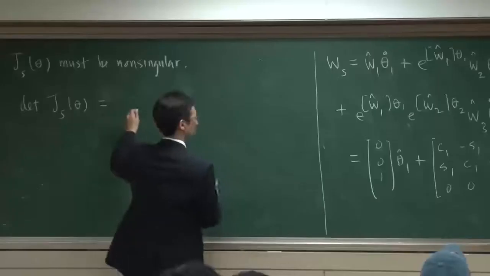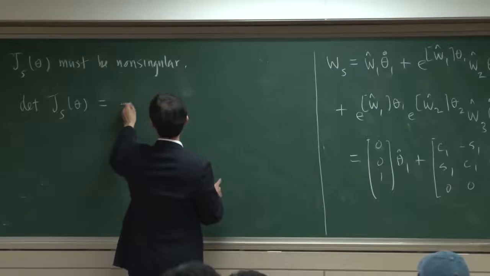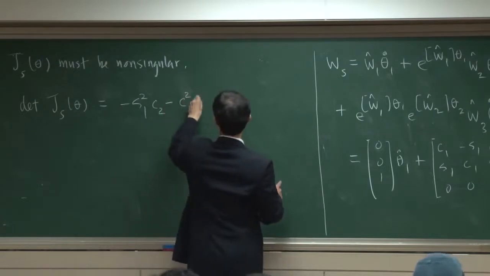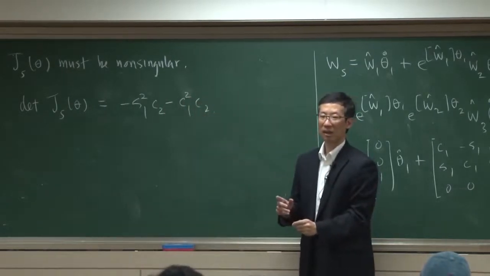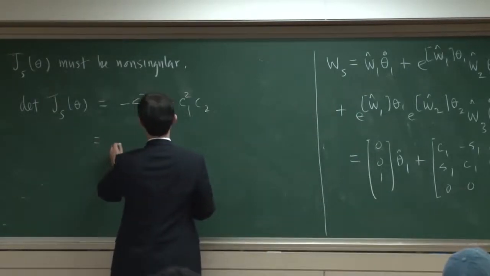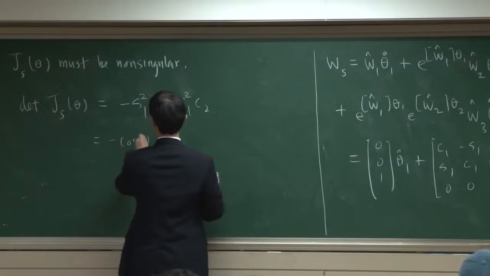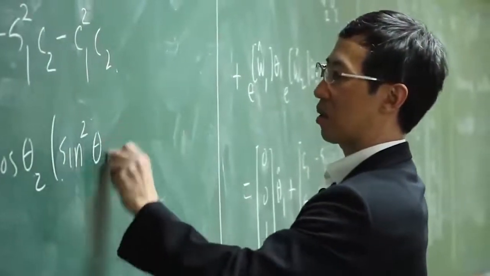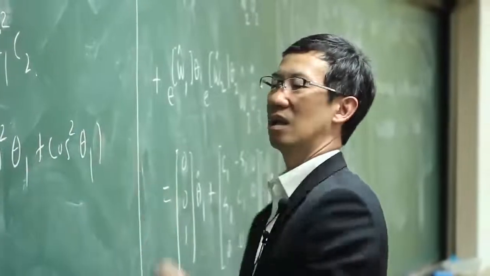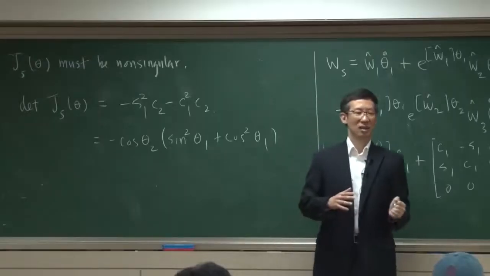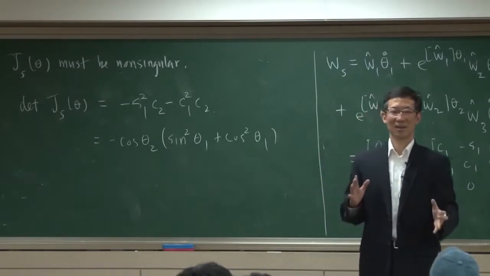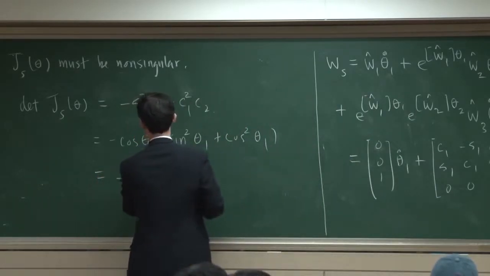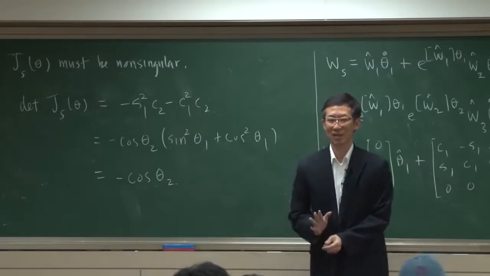So it's minus S1 squared C2 minus C1 squared C2. If I write it out, it's minus cosine theta 2 times sine squared theta 1 plus cosine squared theta 1, which any self-respecting ninth grader knows is 1. So minus cosine theta 2.